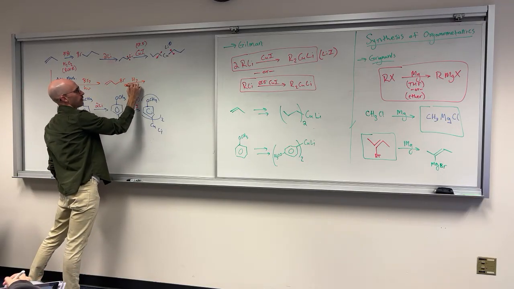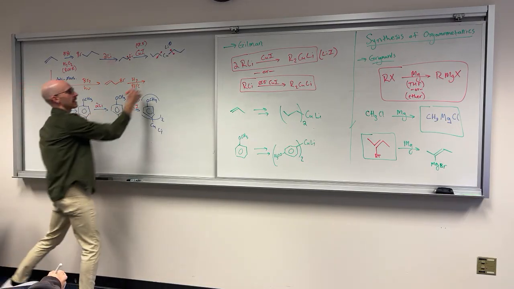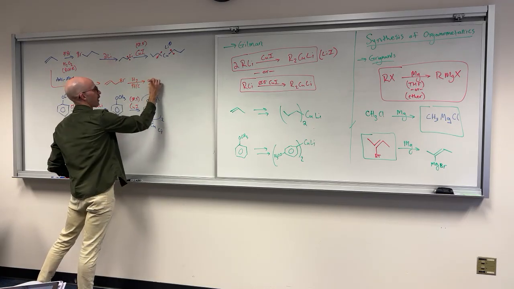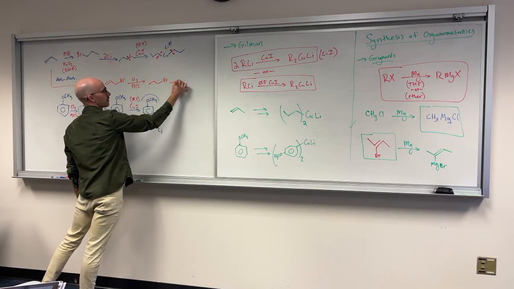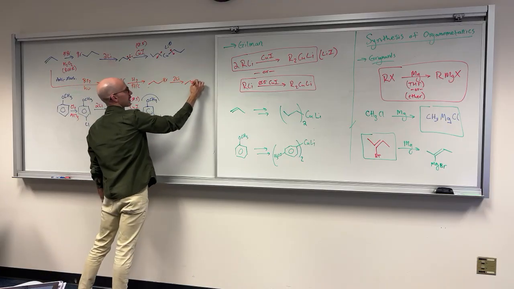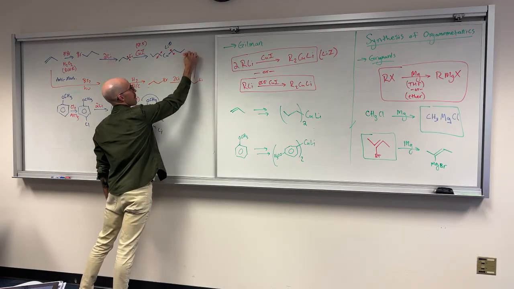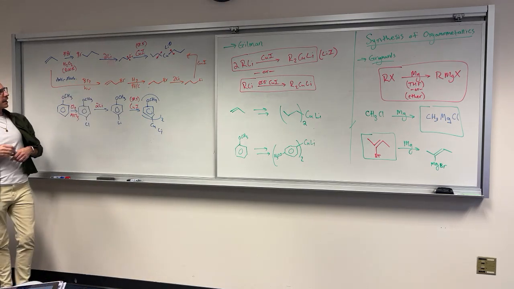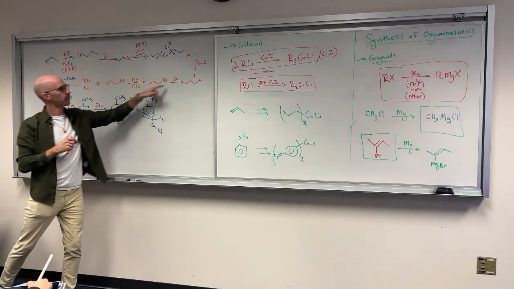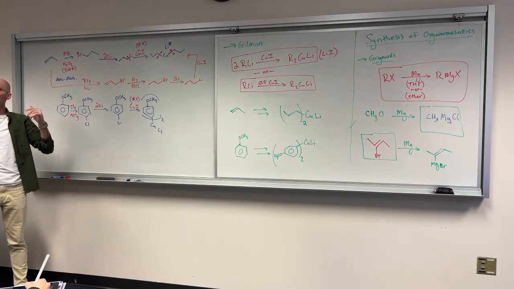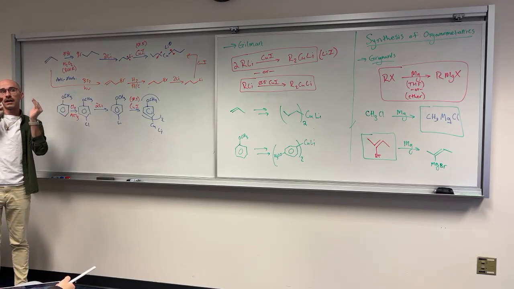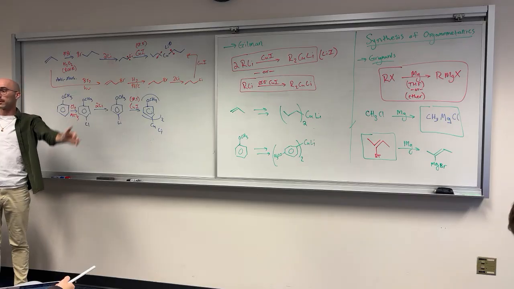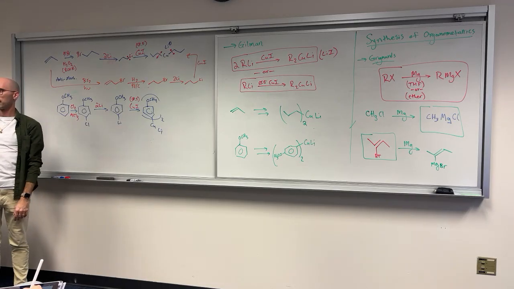And then we can run reduction of the alkene, and we get the primary alkyl halide that we want. Again, 2Li to get us to the organolithium, and then copper iodide to get to the cuprate. I think that's more steps, right? 1, 2, 3, 4 instead of 3 steps. So it's not the most condensed, it's not the easiest synthesis, but it is absolutely a correct route, and I would give it full points.